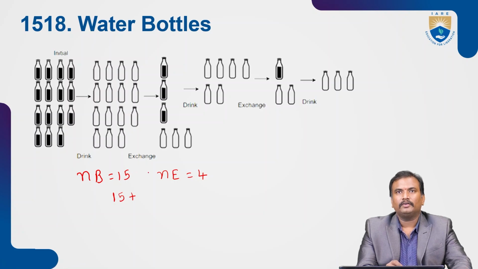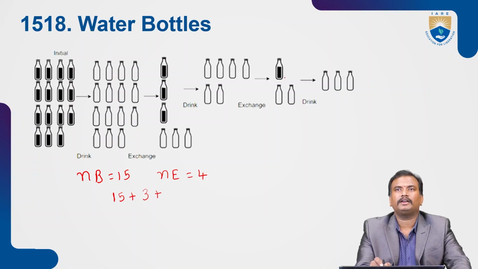So here we can get 15 plus 3, 18. And after drinking these 3 bottles, the total empty bottles we are having are 6. Out of 6 we can exchange only 4. So 4 are exchanged, we get 1 full bottle, and another 2 empty bottles we are having.